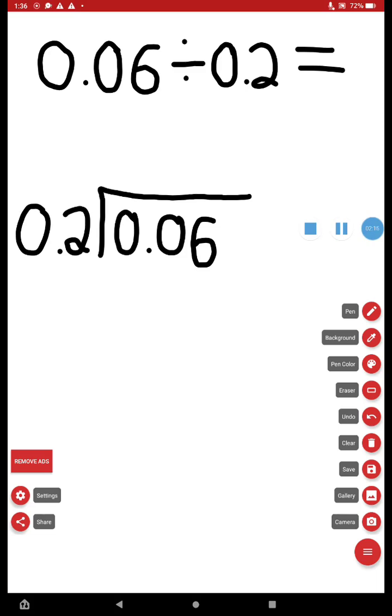When I'm dividing like this, now you can see the number outside cannot be a decimal, so I have to move it over one place. And if I do that to the outside of the box, I got to do that to the inside of the box. Move it over one place. Let's draw our new decimal points.